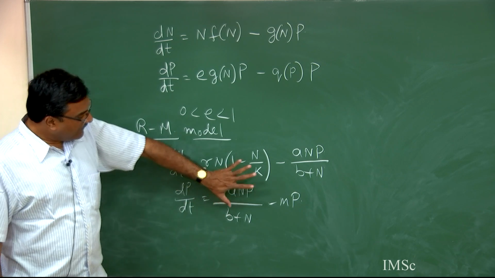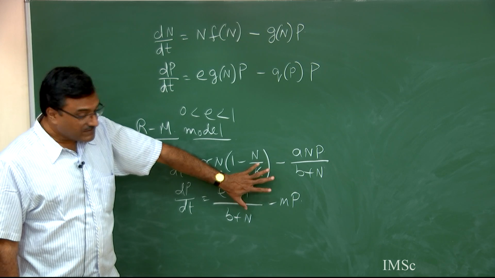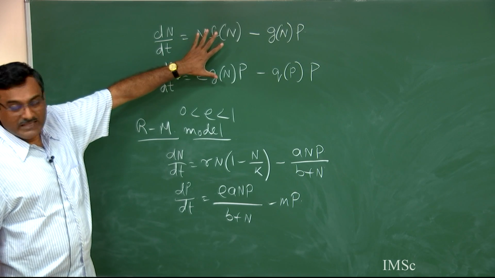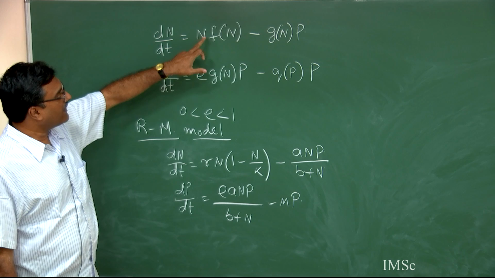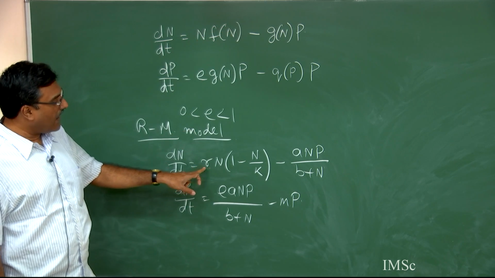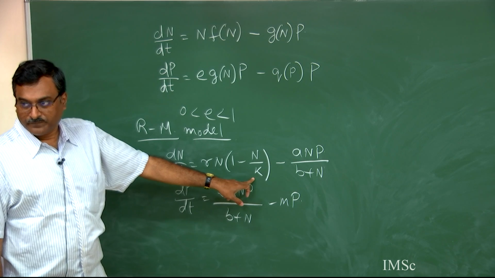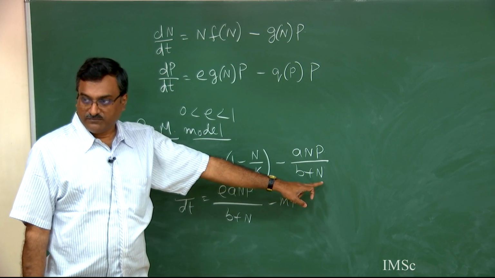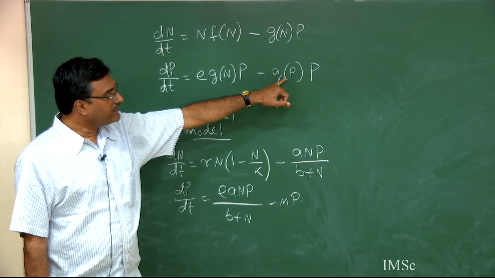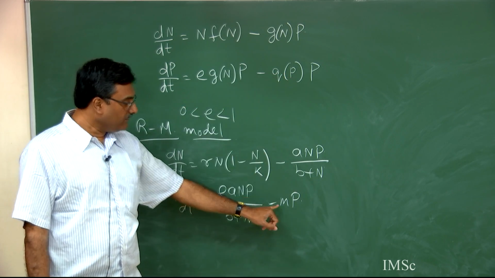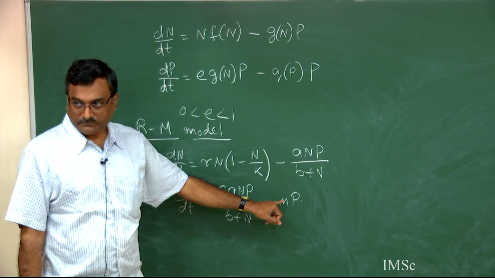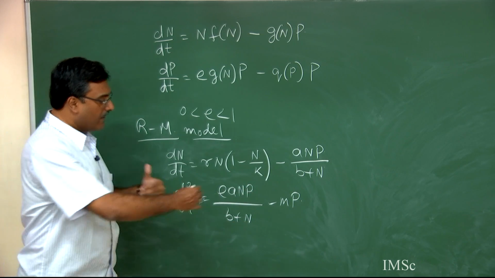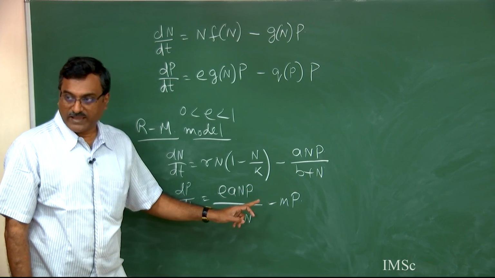So if we compare this coupled nonlinear ODE with the general format, you can easily check that f(n) is going to be r (1 minus n/k), g(n) is equal to a n/(b plus n), and q(p), just for simplicity, you are assuming a constant m, and therefore this equation can be written as dp/dt equal to p multiplied by some function of n.